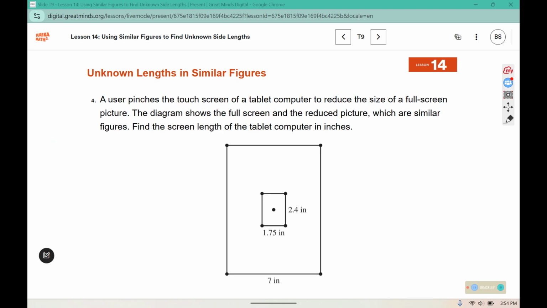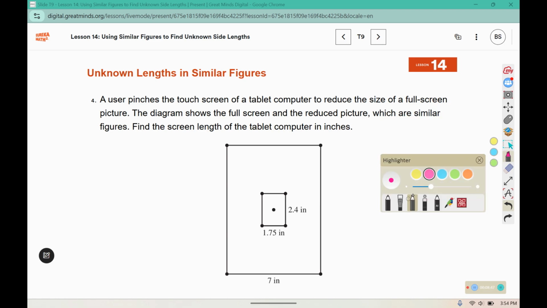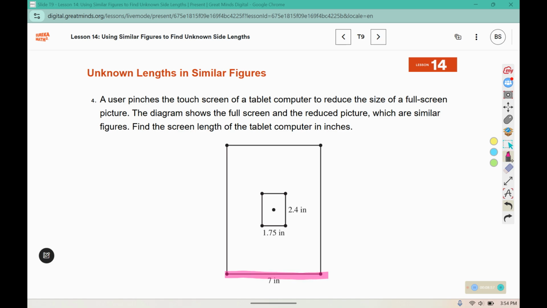A user pinches the touch screen of a tablet computer to reduce the size of a full screen picture. The diagram shows the full screen and the reduced picture, which are similar figures. Find the screen length of the tablet computer in inches. So here, this one corresponds with this side length.